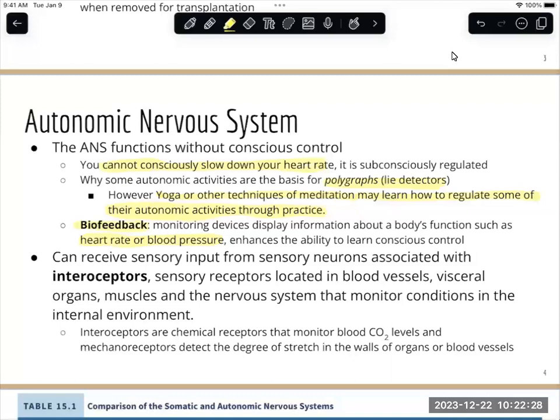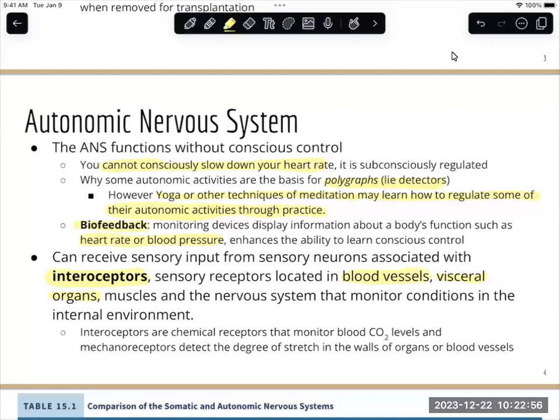So there's sensory input coming in from interoceptors. Interoceptors inside the body. So they're in blood vessels. They're monitoring your blood pressure. They're monitoring your blood chemistry. We have these receptors in visceral organs.